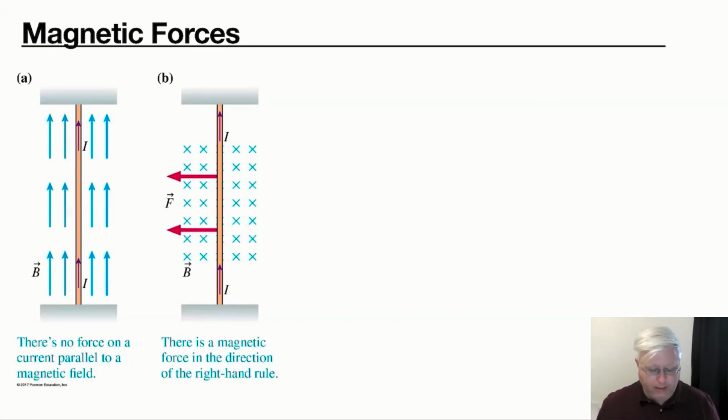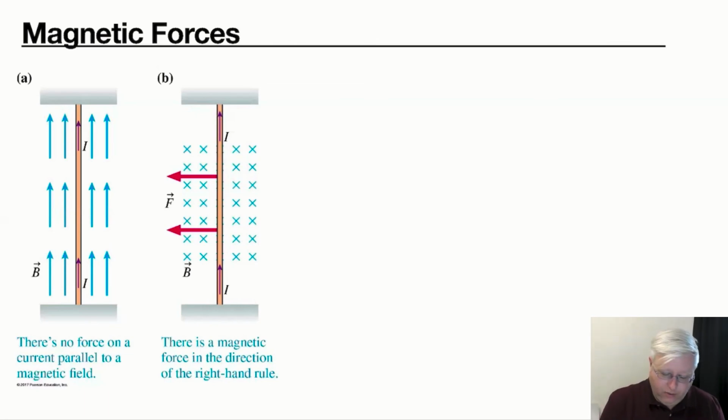Okay, but if you have a magnetic field that's not parallel, but perpendicular, or at least a portion of it perpendicular to the current, like we have here where the magnetic field is going into the screen and the current going up, then we are going to have a force.